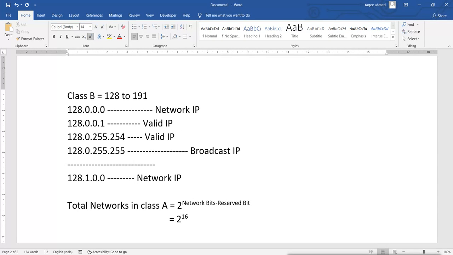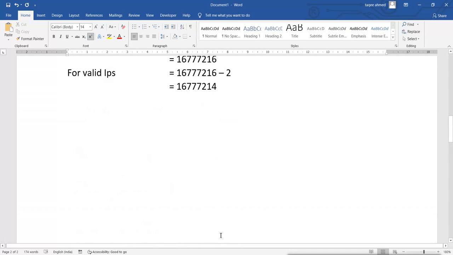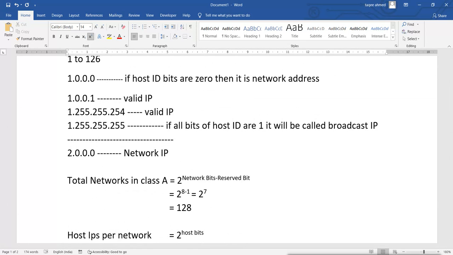Now the formula says you have to remove the reserved bits from the network bits. In class B we have 2 reserved bits. Now what are those 2 reserved bits?